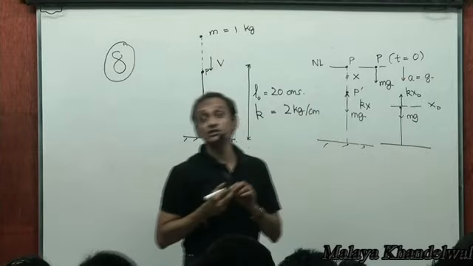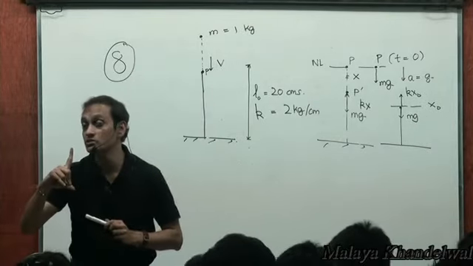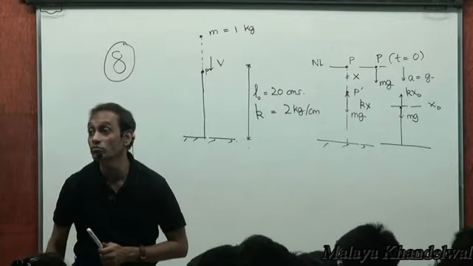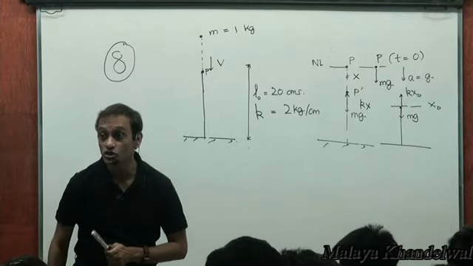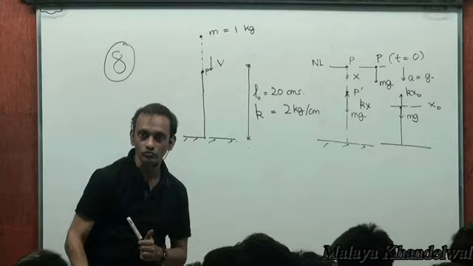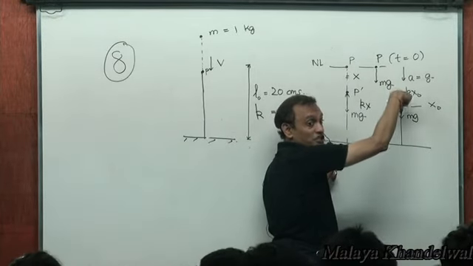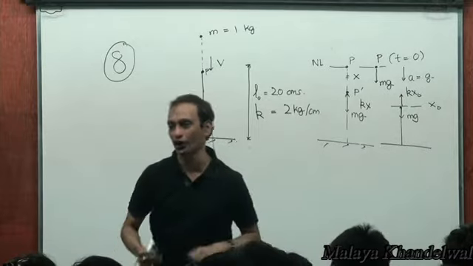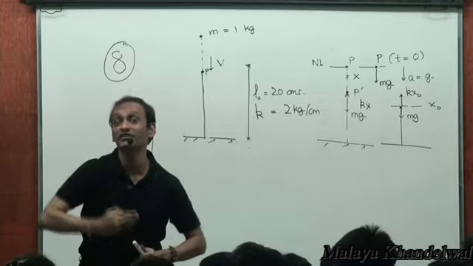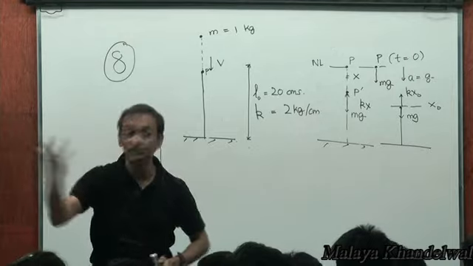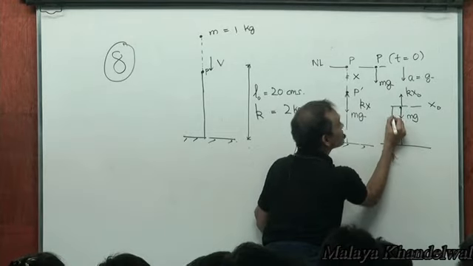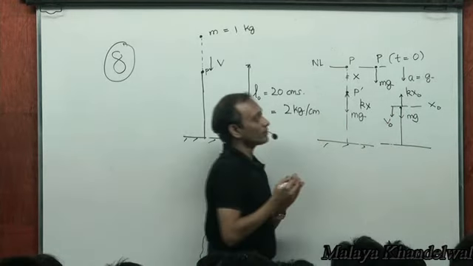And at this instant, the acceleration is 0. But by the time the mass has descended this far, it has been accelerated all along, so it would have developed a velocity.